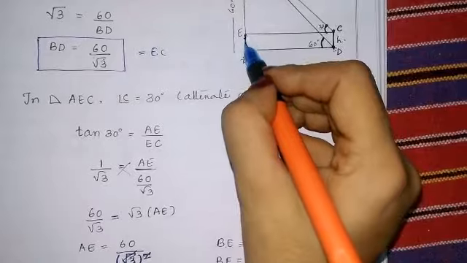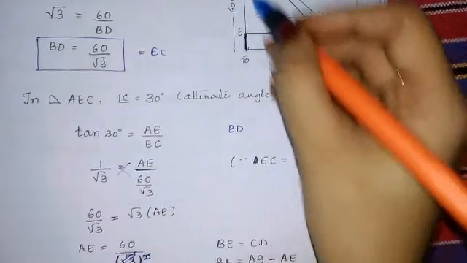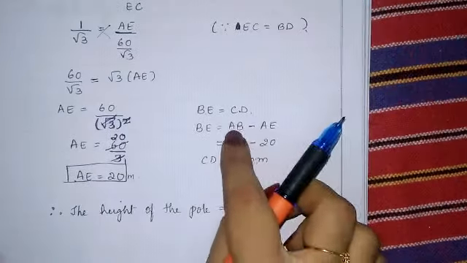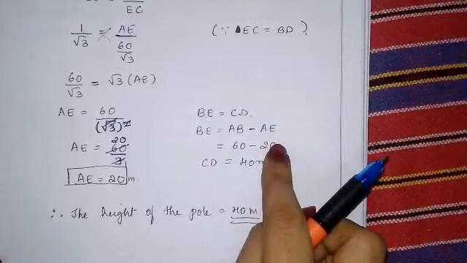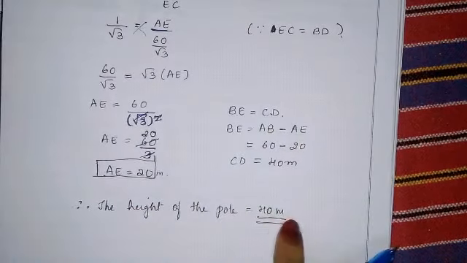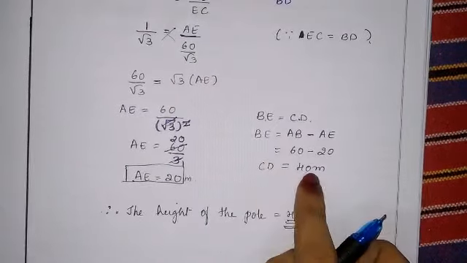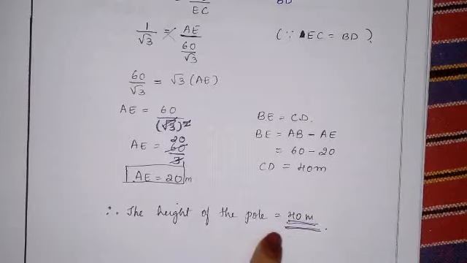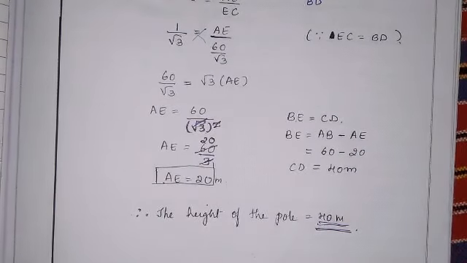See this part if you want to know: full AB minus AE. AB 60 they have given, AE just now we got 20. 60 minus 20 is 40. Therefore, the height of the pole is 40 meter. They have told us to find the value of CD only. Let us see the last problem.